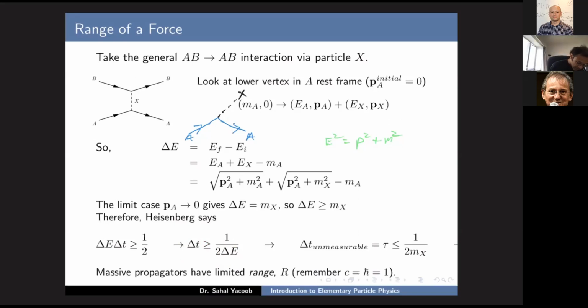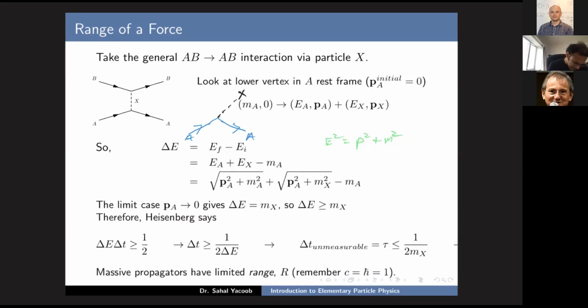So that tells us that for any given violation of energy conservation, there's a minimum time over which we can observe the system, and that's given by 1/2 the mass of the particle. And because h-bar equals c equals 1, that time is also a distance, because time times c will give us our distance scale.